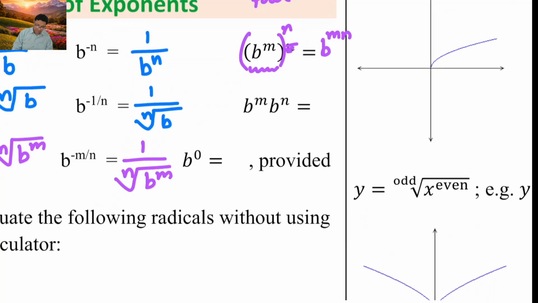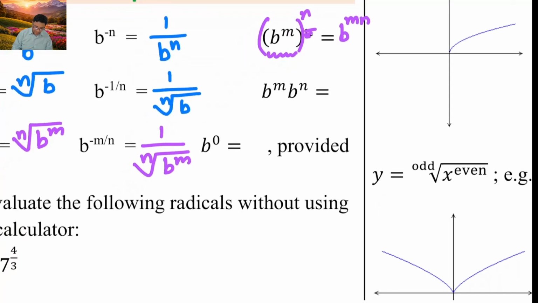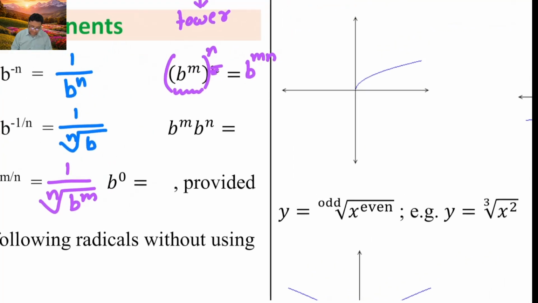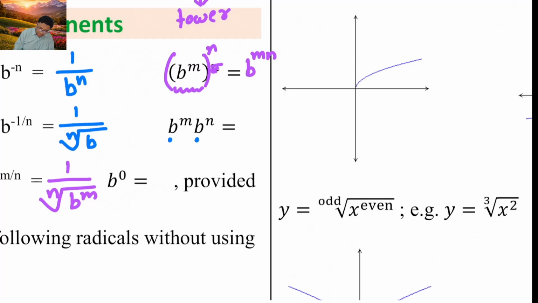Just bear in mind whether the parenthesis is there or not. That is about multiplying exponents. If you multiply two exponential expressions which have the same base, then you can add the exponents, m plus n.